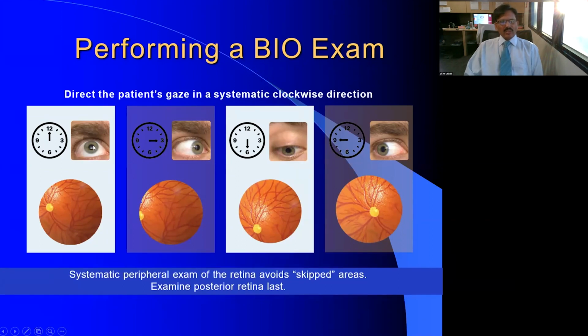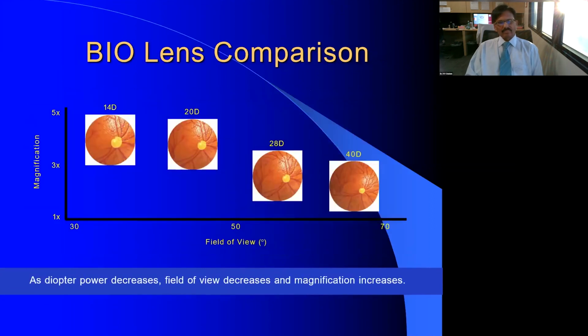You always start with the superior part, at 12 o'clock, you see the superior, then you see the temporal, and then inferior, and then nasal. So make it a routine that you follow this systematic clockwise fashion, so that way no areas are skipped. Remember, we have to comprehend and collimate in our brain what actually is the image for us to come to a complete conclusion of the pathology or otherwise.